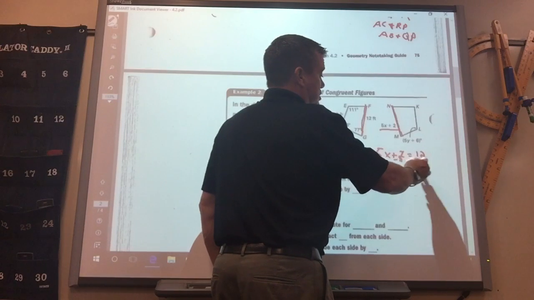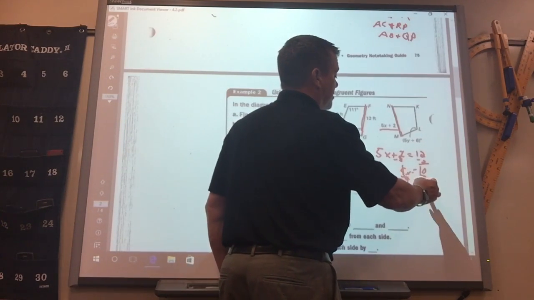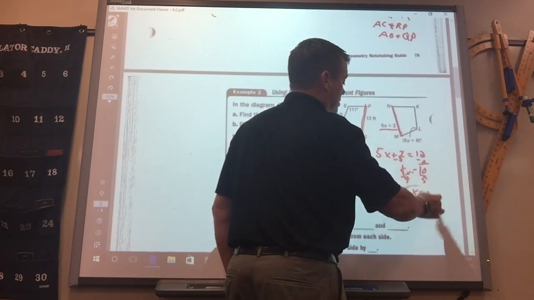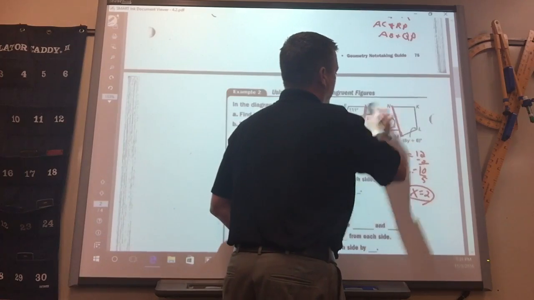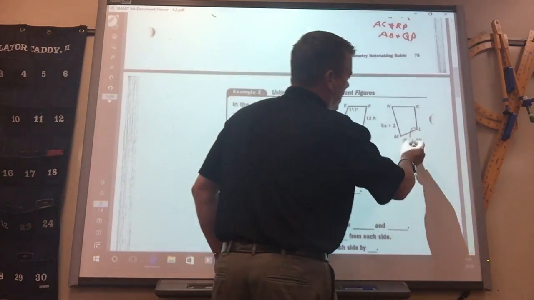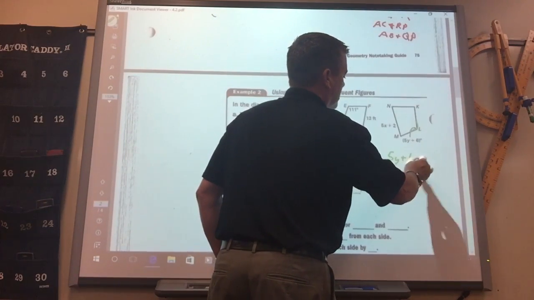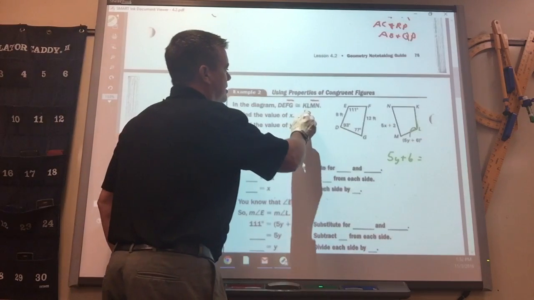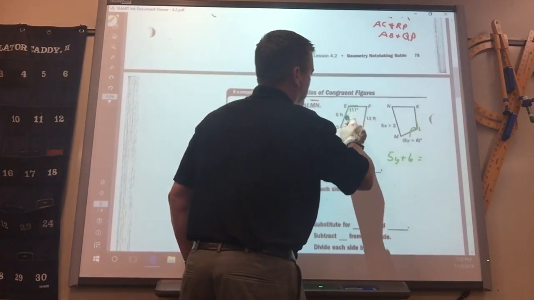So when we solve it, subtract 2, divide by 5, and you get 2. Then in order to find y, that is an angle. It's angle L. Angle L is the second letter, so it's the same as angle E, 111.